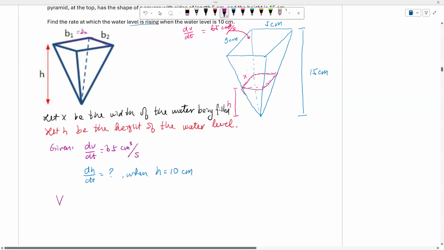This is the volume that we are looking for. So in this case, the volume of the water is equal to 1/3 x squared times h.